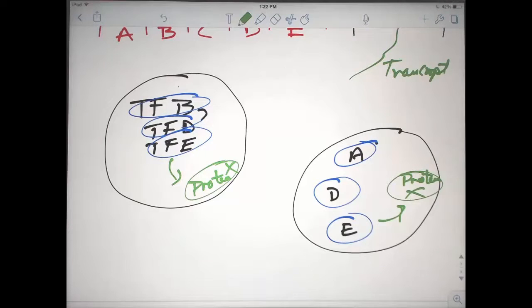But later, maybe transcription factor A is no longer being expressed, but in some cells, transcription factor B is being expressed. Now in a different cell, doing something different, you can have protein X expressed.